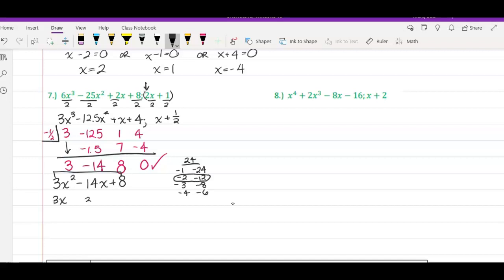I'll put it underneath 3x, -2 and -12, and then I'll reduce. 3x minus 2 and x minus 4 are our remaining factors, along with the original factor that we already divided by.